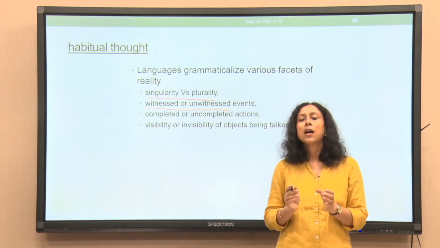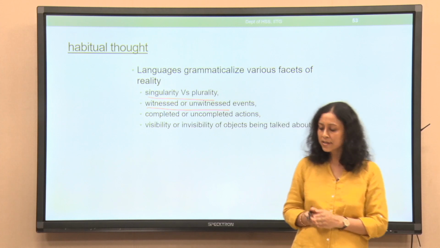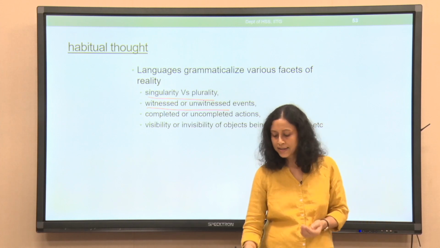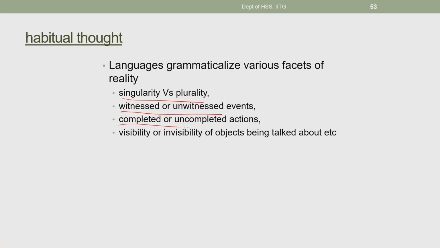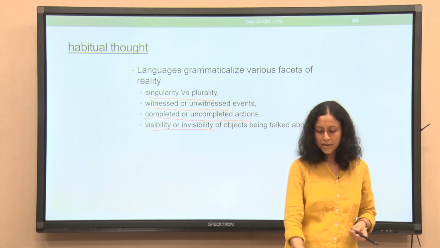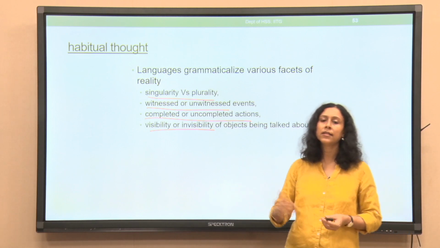Whether the event was witnessed or unwitnessed personally by the speaker is also grammaticalized in some languages. Similarly, completed and non-completed actions, visibility and invisibility of objects, and so on. There was a three-way distinction between deictic objects like here and there, this and that.